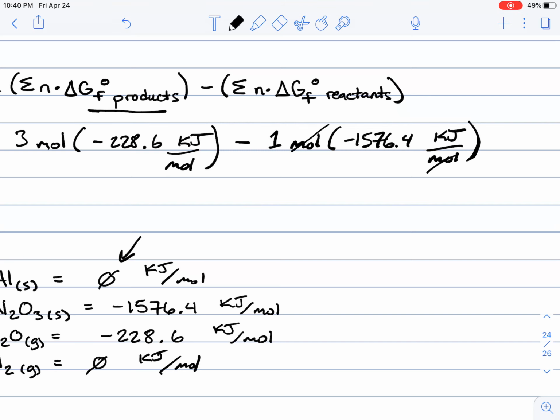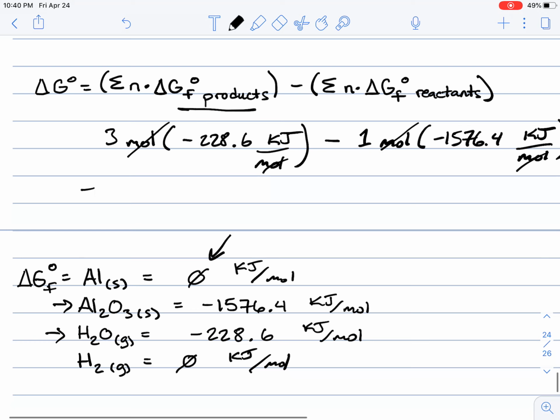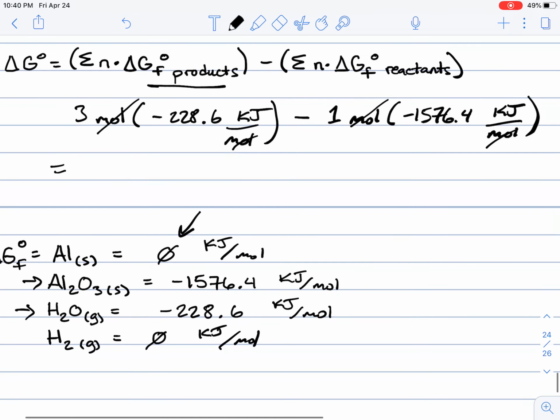All right, so the moles will cancel, and all you have to do is plug everything into the calculator. Please don't forget the second negative sign. I'm not too sure why, but a lot of students somehow forget that when they perform it in their calculator, and they'll get an answer that is wrong.